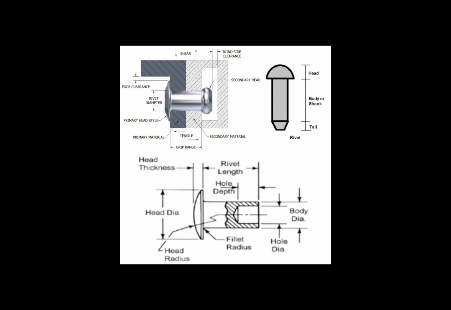What are the proper dimensions for the shop head of a rivet? Shop head is the squished part, 1.5 times the diameter in width, and 0.5 times the diameter in height after bucking.